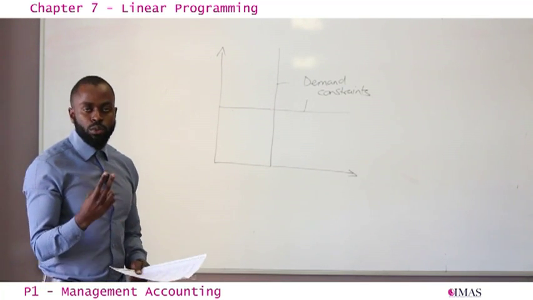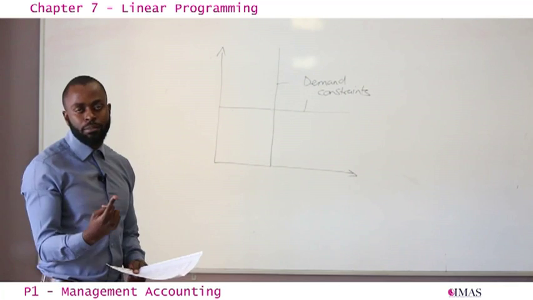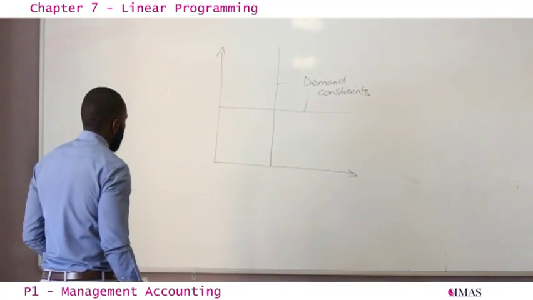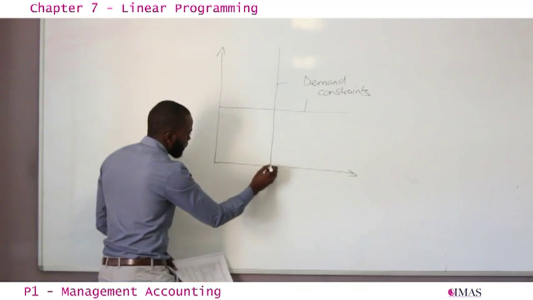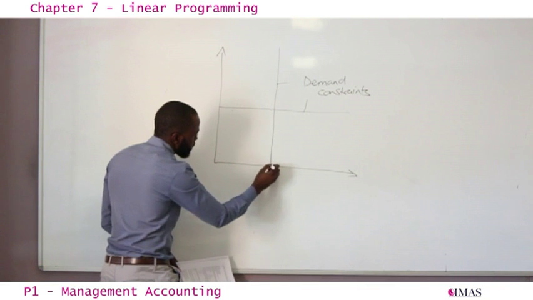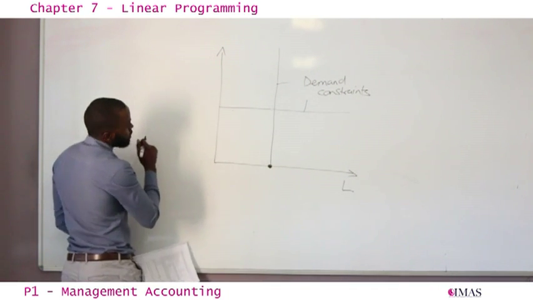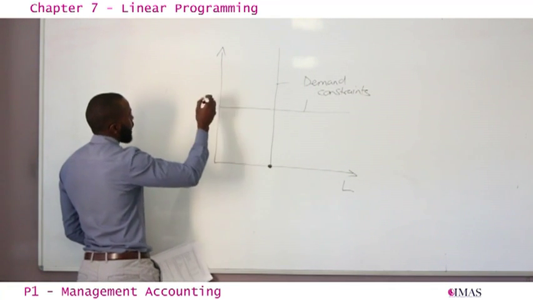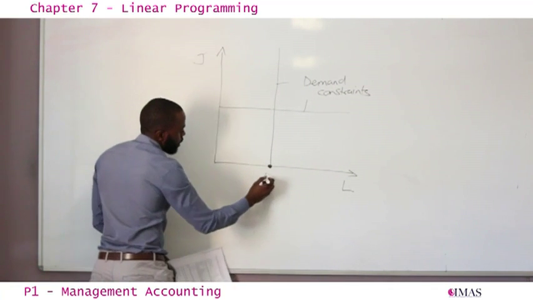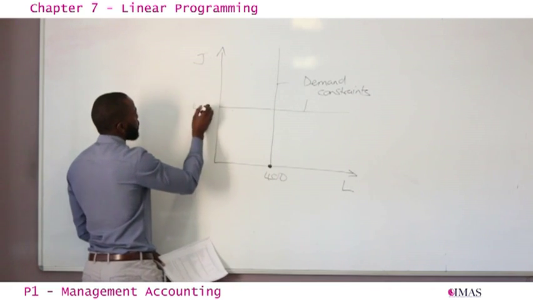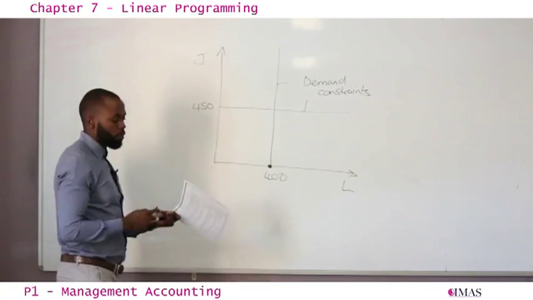Now the syllabus mostly looks at two, resource constraints and demand constraints. So with this line here that's parallel to the y-axis, for our question, this was L, this was J, this was 400, this was 450.